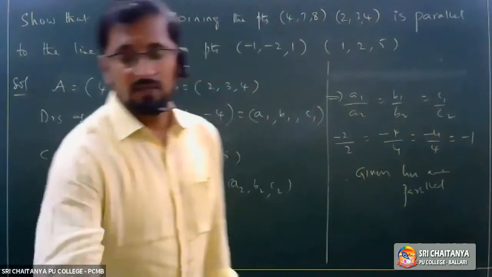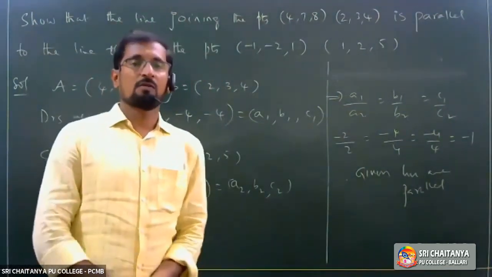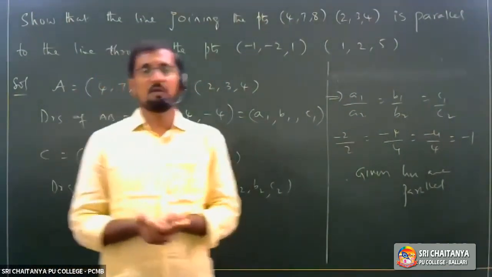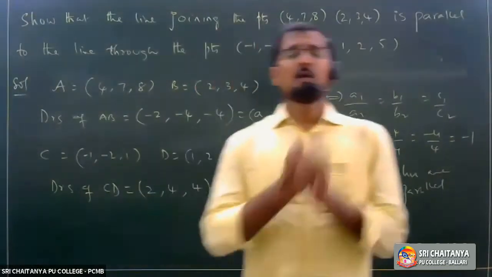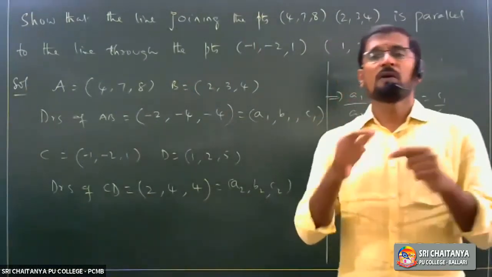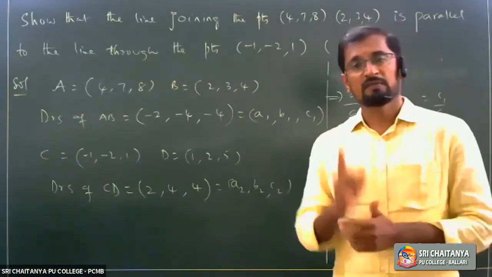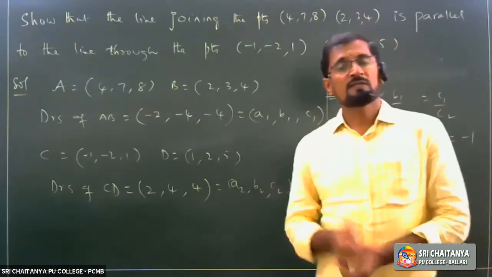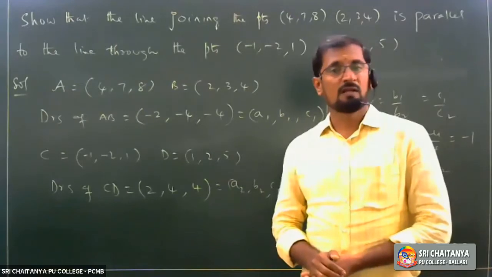You copy this. While copying, I am going to discuss this once again. First of all, he has given you 4 points. The first 2 points are concerned with the first line, and the second 2 points with the second line.